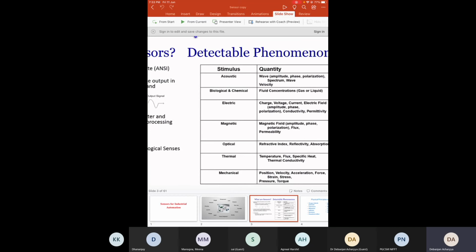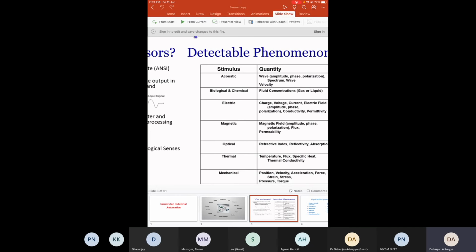For example, acoustic stimulus can be measured by the wave amplitude, phase, and polarization, as well as the velocity. There are some biological and chemical sensors. For example, a gas sensor, where the concentration of the gas or the liquid can be measured. That is the main principle behind this kind of sensor.